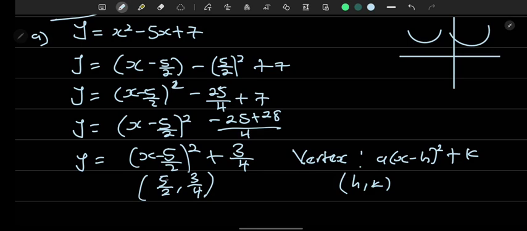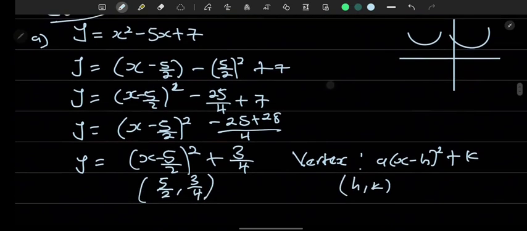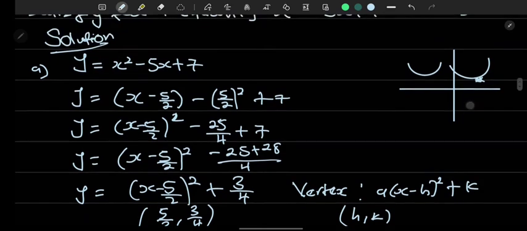So for your x to be positive and y to be positive, that means the point must be above the x-axis. And of course, the turning point here is in the first quadrant, because only in the first quadrant do you get a positive value for x and a positive value for y. You can see this place is positive here, and this place for y is positive.